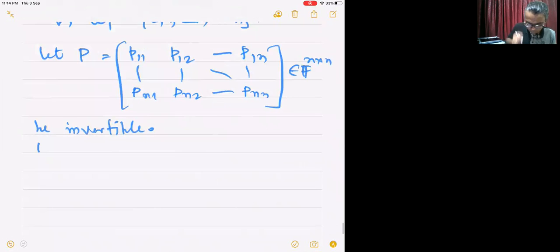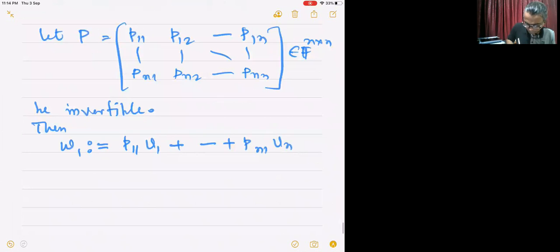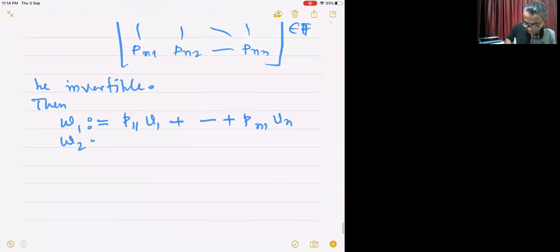Then W1 is defined as P11 V1 dot dot dot up to Pn1 Vn. W2 is defined as, see, I'm just looking at the columns, P12 V1 plus dot dot dot up to Pn2 Vn. I'm just looking at these columns.